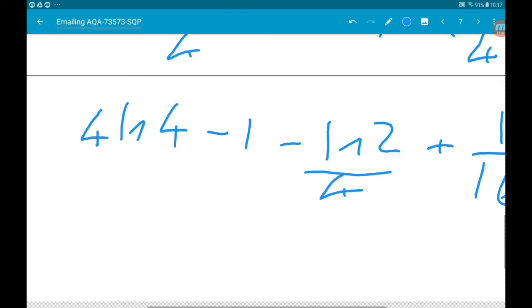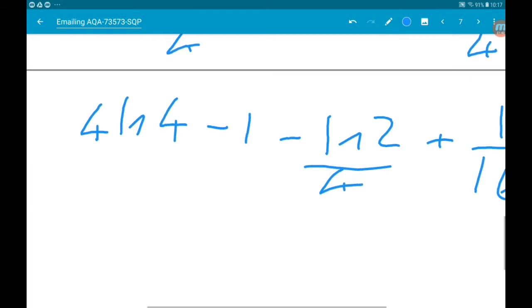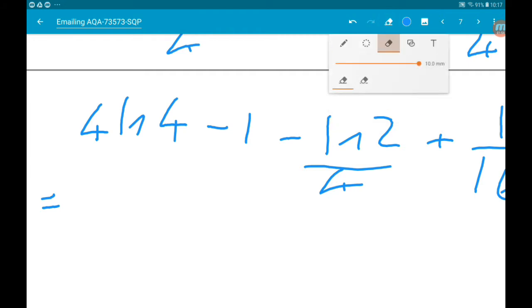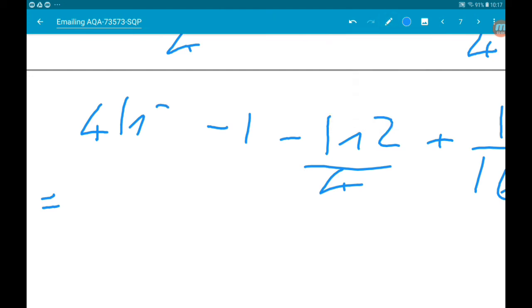Now, log 4 is not in the form log 2. By the rules of logs, we can write this as, well, first up, we could say that this is log of 2 squared. And then by the rules of logs, the power of 2 can come out the front and multiply the 4.